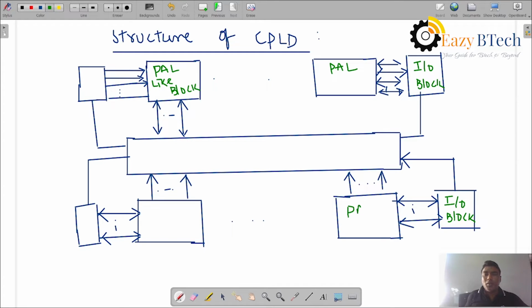This is a PAL block, programmable array logic. The IO connections go through the IO block programmably. Then the data is connected to the PAL-like block, and in the PAL-like block, of the AND OR arrays, AND is programmable and OR is fixed.